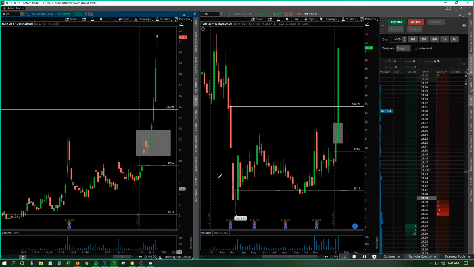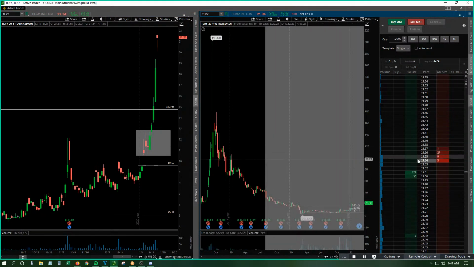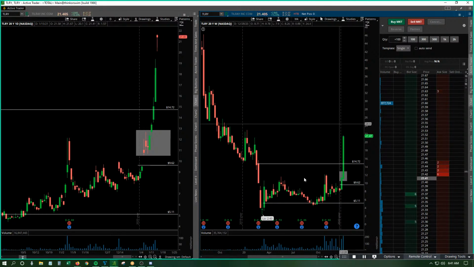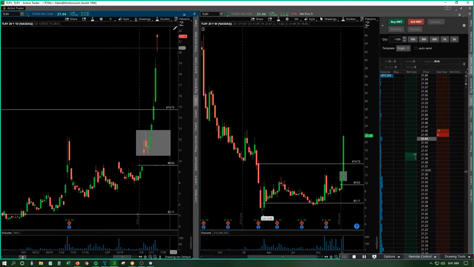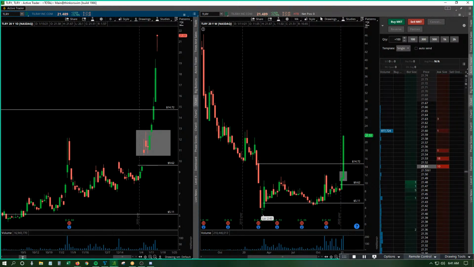But with the momentum that these things have, good chance that it may not get back down here before it keeps popping up. But the risk for us is just too great to try to chase these things. We'd rather wait for pullbacks. If that makes sense.